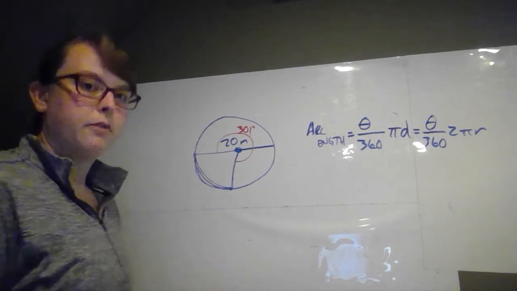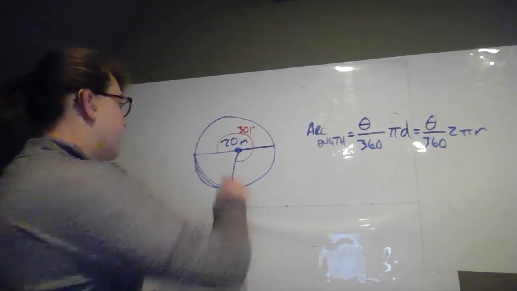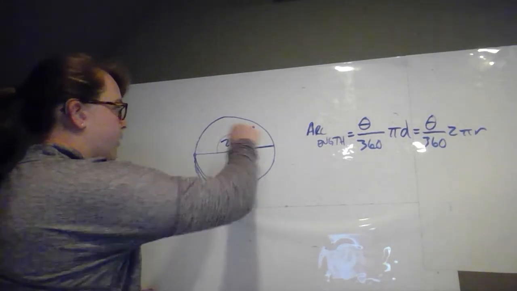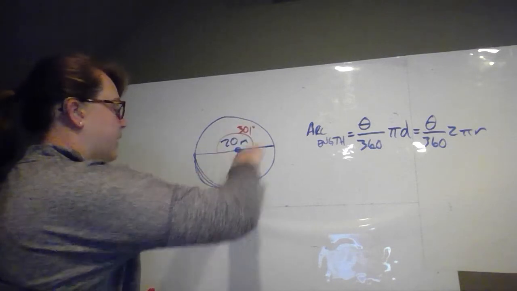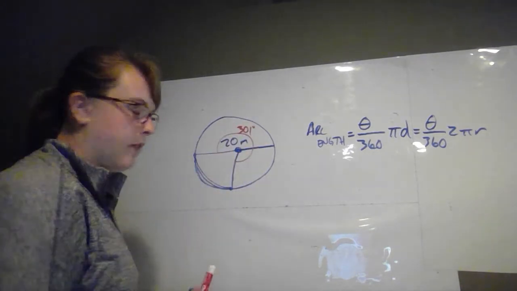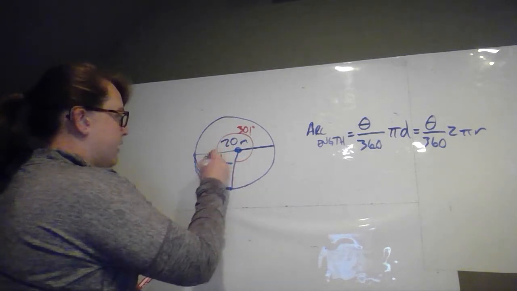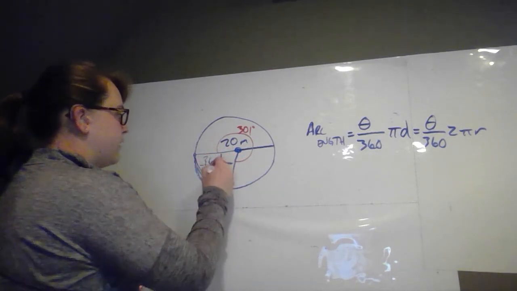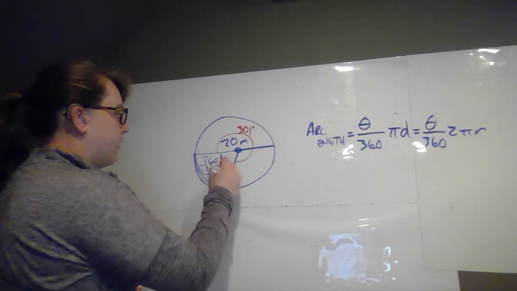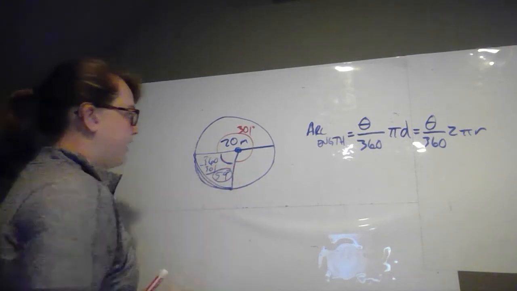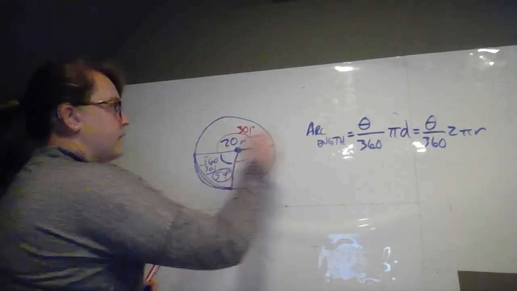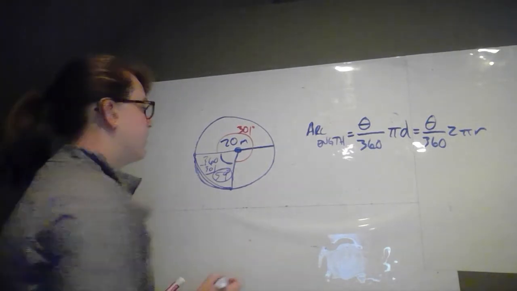Well, then we've got to do a little bit of solving to get our information here. If this is 301 degrees, the whole circle is 360 degrees. So that would tell me that my angle inside here is just 360 minus 301, which is 59. So that's my angle that we're going to use. And then I can use diameter here just fine.